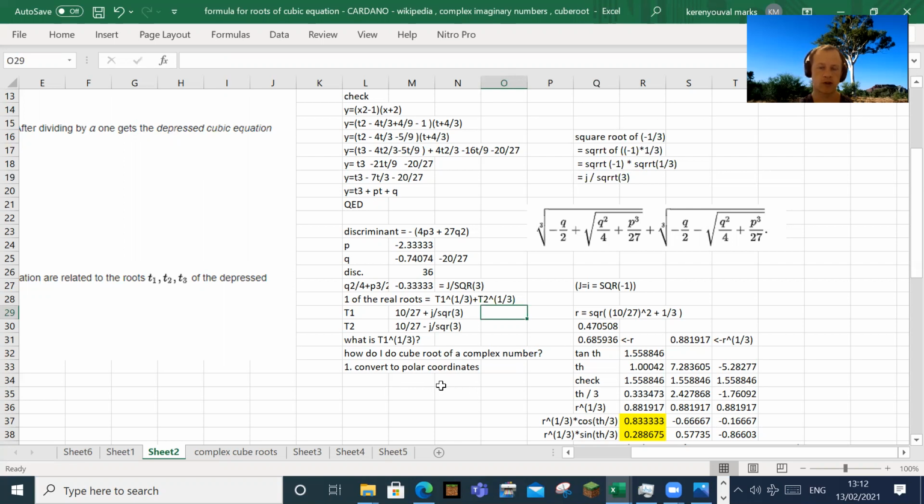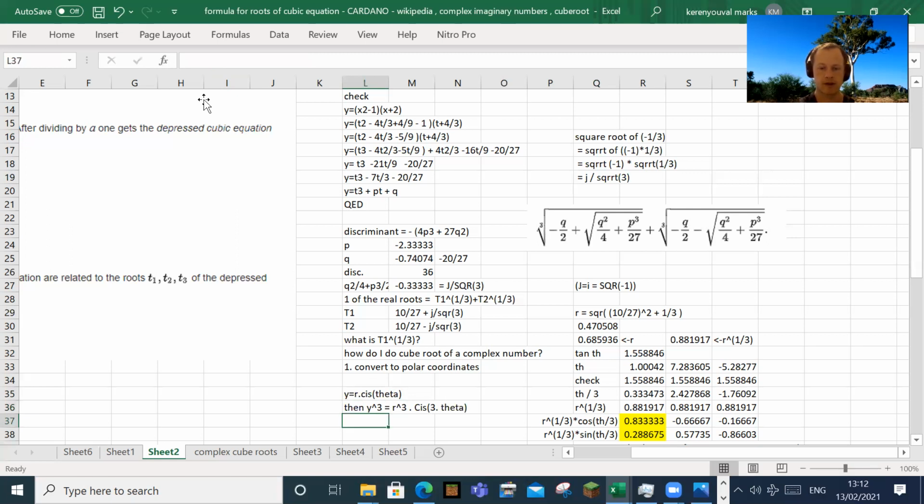And so what you have to remember from the complex maths is that if you've got r cis theta, let's write r times cis of theta, then if y equals r cis theta, then y to the power of 3 equals r to the power of 3 times cis of 3 times theta.